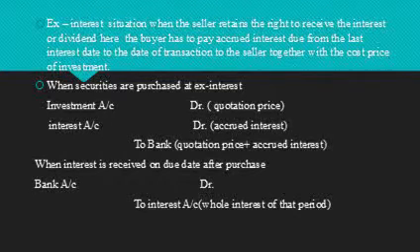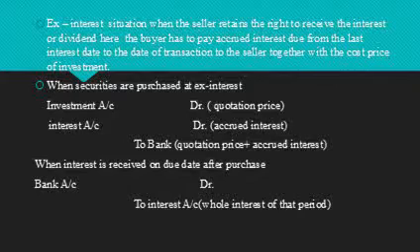Now when the interest situation is ex, that is excluding, the seller retains the right to receive the interest or dividend. Here the buyer does not have to pay the accrued interest due from the last interest date to the date of transaction. Therefore, the seller, together with the cost price of the investment, is ready to pay.